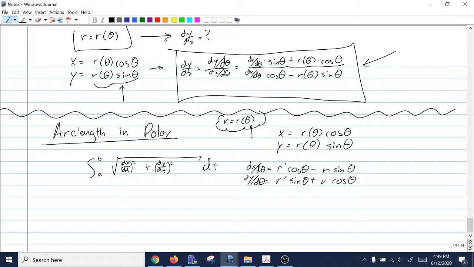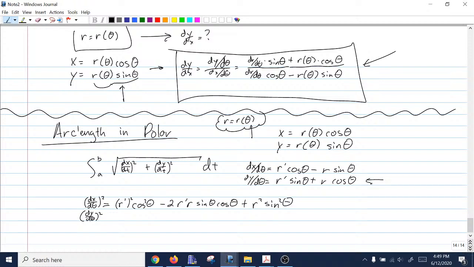So I want the square root of those things squared. Let's square them first. dx d theta squared is, when I square this out, I get r prime squared cosine squared. Double the cross term is minus 2 r prime r sine theta cosine theta, plus the second term squared, r squared sine squared theta. What's dy d theta squared?